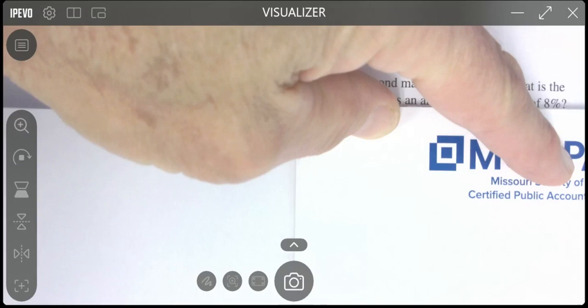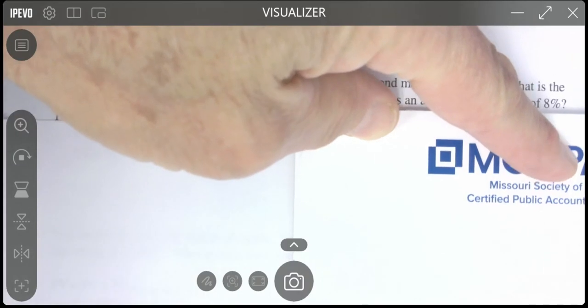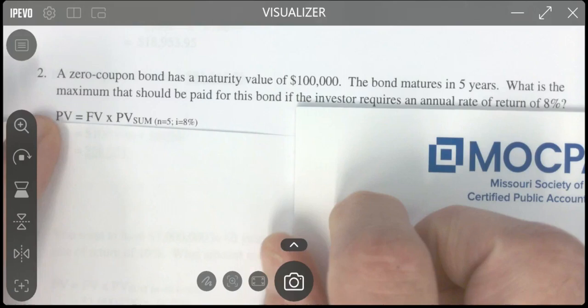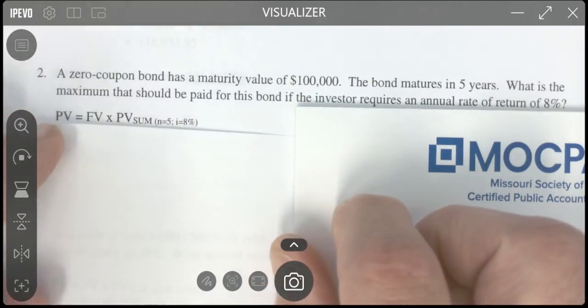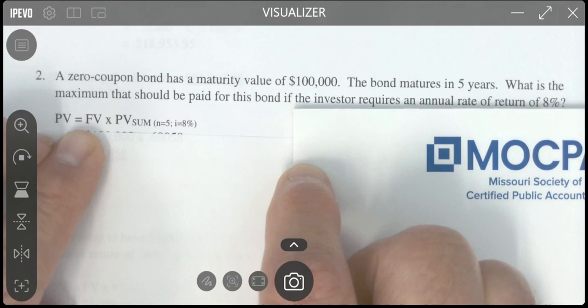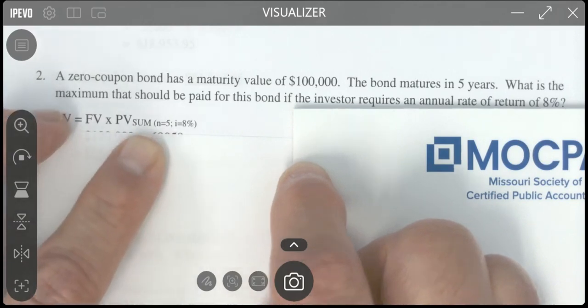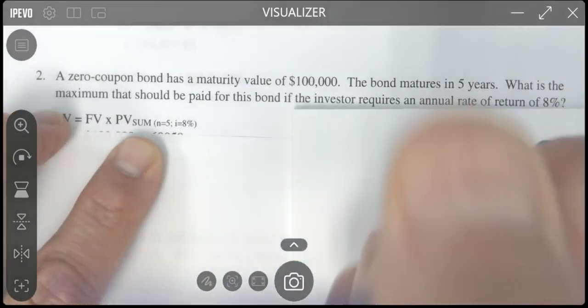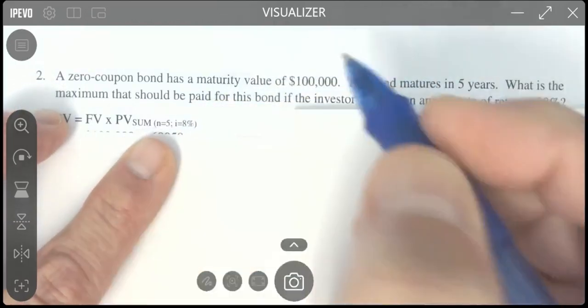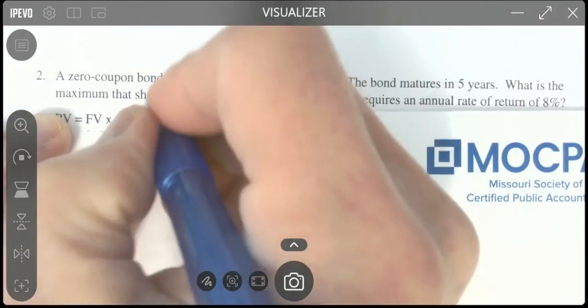So think about what's known. Known here is the future value, 100,000. And we want the table factor for 5 years, n equals 5, and a rate of 8% yield.